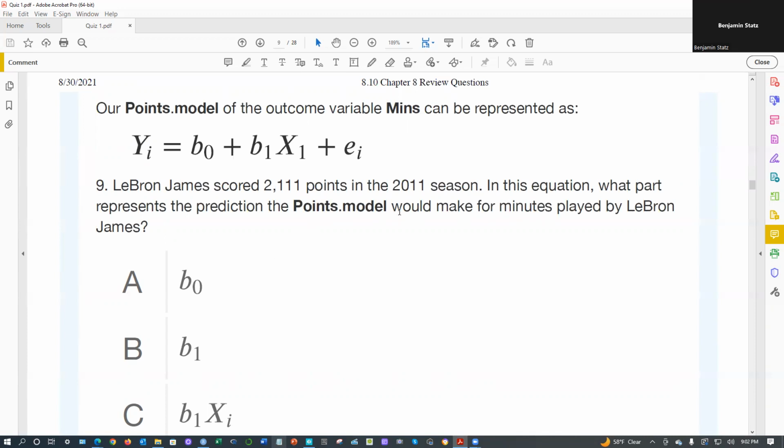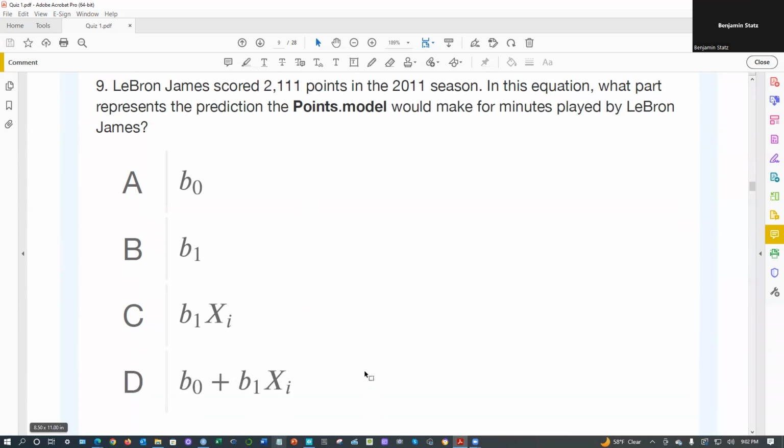We are looking for the prediction for the number of minutes he played when he scored this many points, 2,111 points. So you're going to plug that into this one. That's the estimated part, the prediction part.